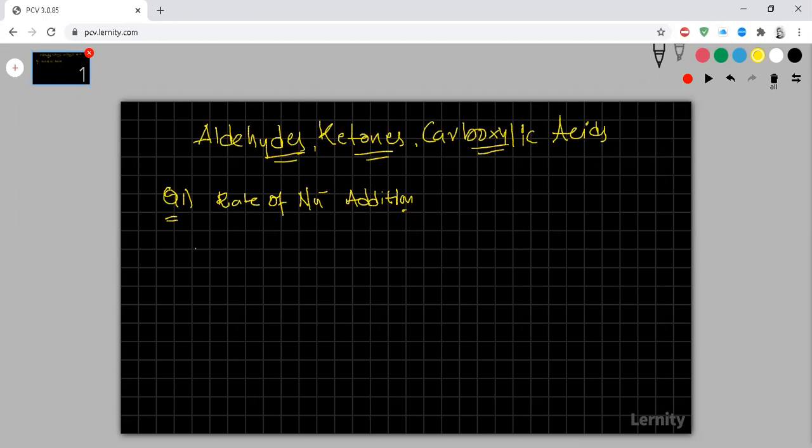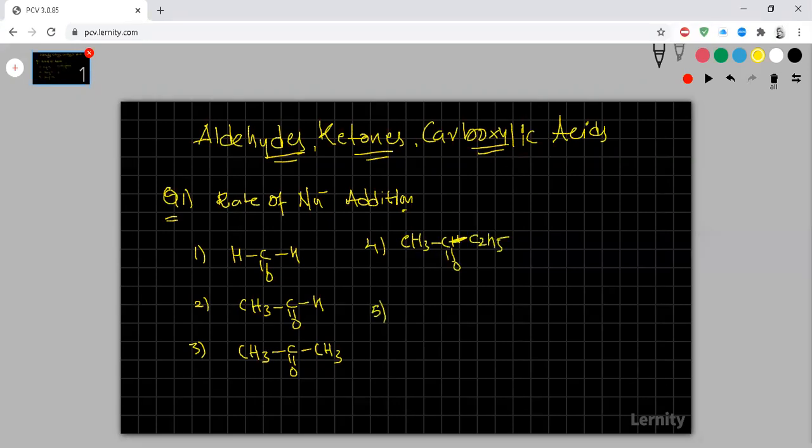So I'm giving HCHO, formaldehyde, and the second one is CH3CHO, and the third one is CH3COCH3, and the fourth one is CH3COC2H5, and the fifth one is PhCHO.